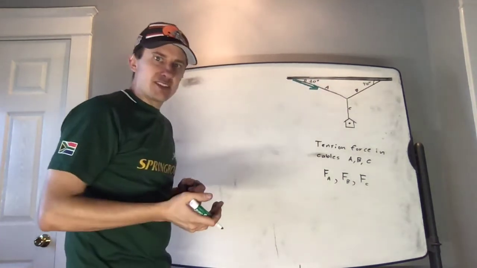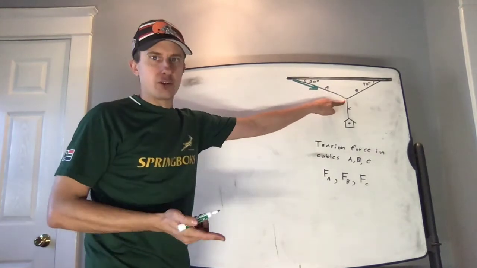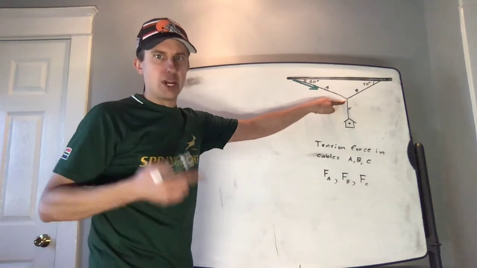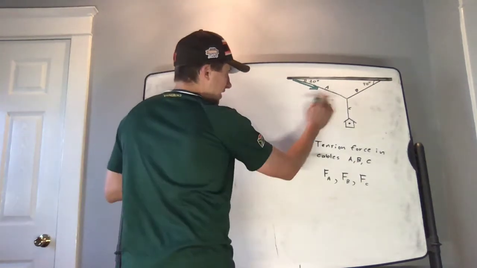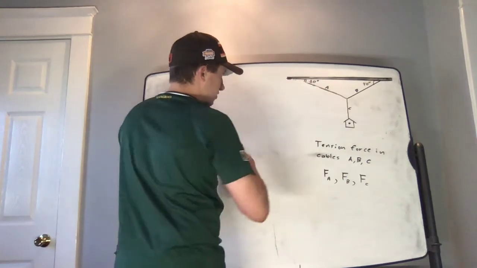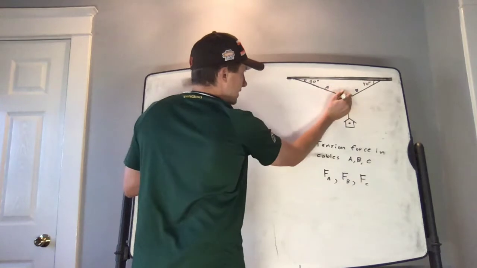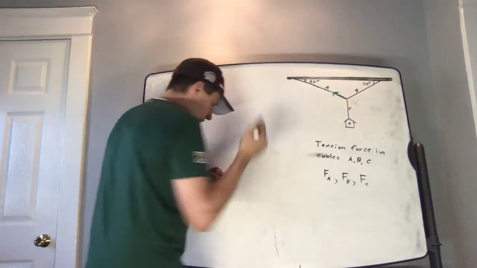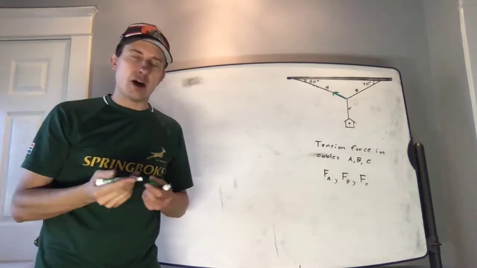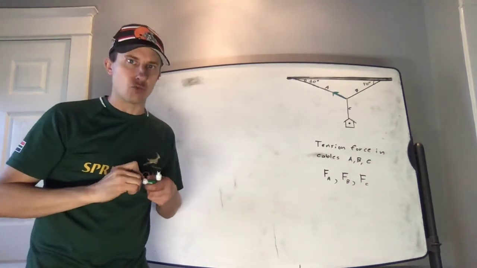But simultaneously, rope A is also tied to the other ropes. You could imagine maybe there's a knot or a metal ring or something that they're all tied to. And simultaneously, rope A is also going to be pulling up and to the left on the other ropes. Now, the rules for the tension force: the amount of tension in a rope is the same at every location in the rope.